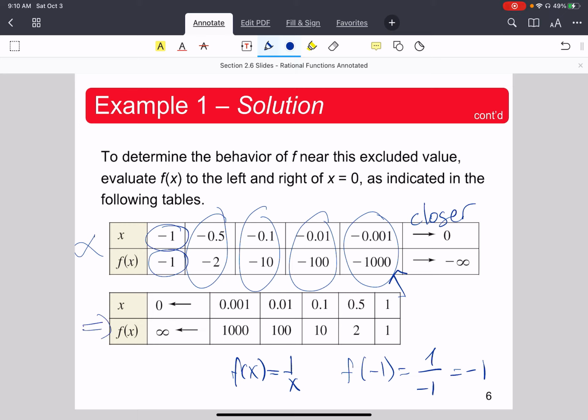Similarly, for the other side, when we get closer to 0 from a bigger value, say we started with 1, when x is 1, y is 1, when x is 0.5, y is 2. As we get closer and closer, the function f of x seems to be getting bigger, right? So it looks like the function is always getting bigger as x gets close to 0.